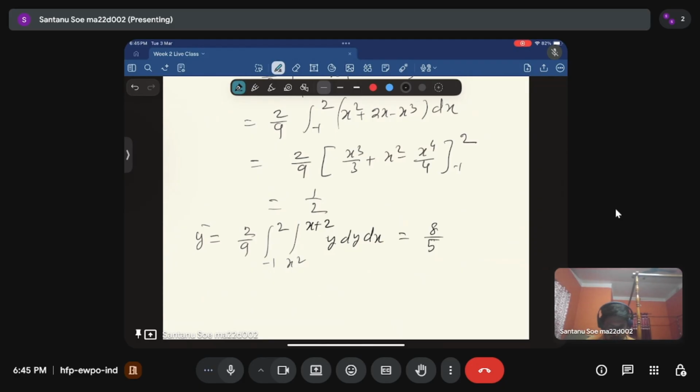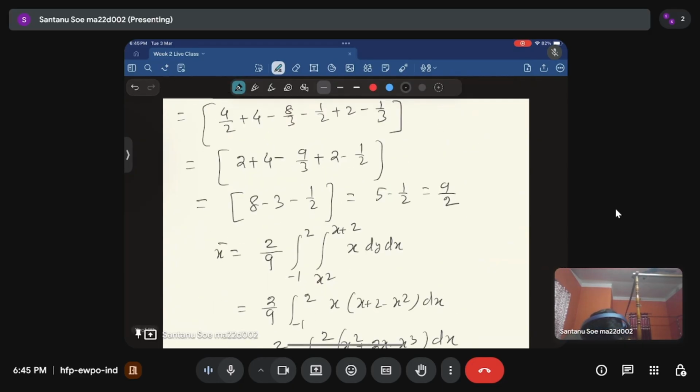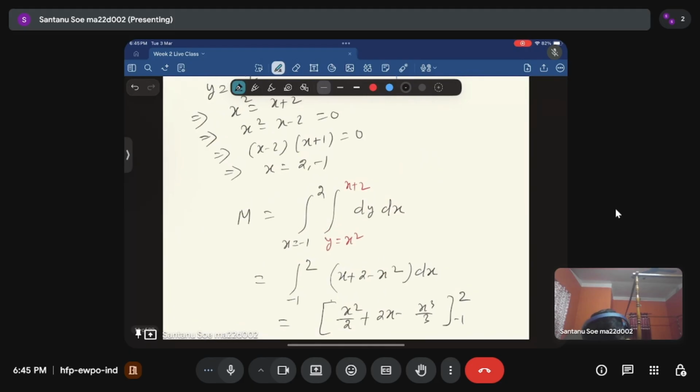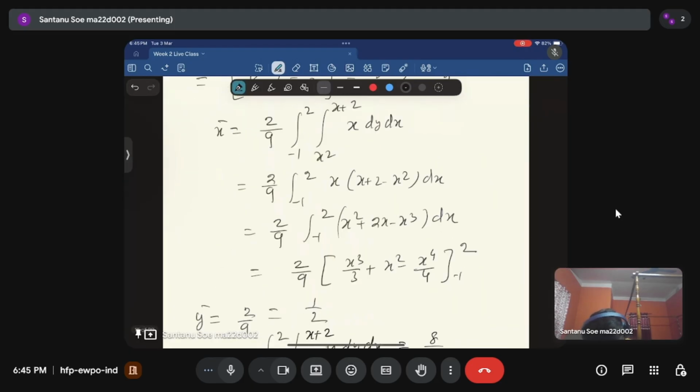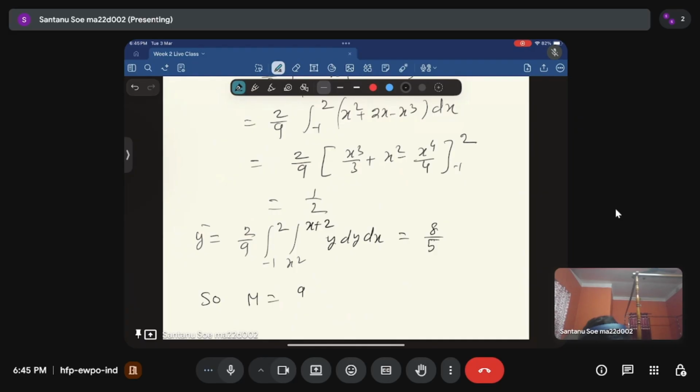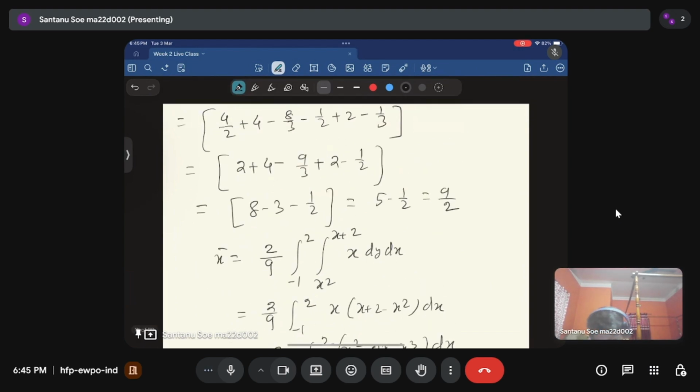Okay. So m is 9 by 2 and x bar, y bar is just 1 by 2 comma 8 by 5. Okay. So this should be the answer of this question.